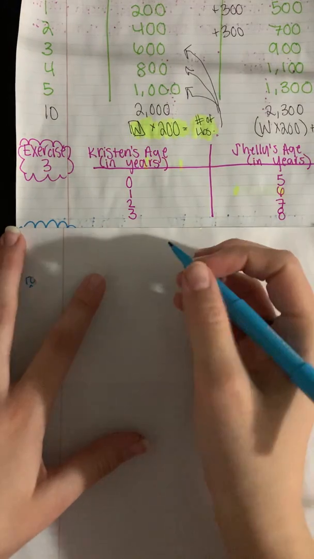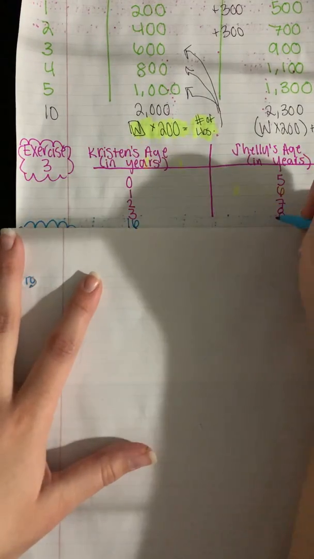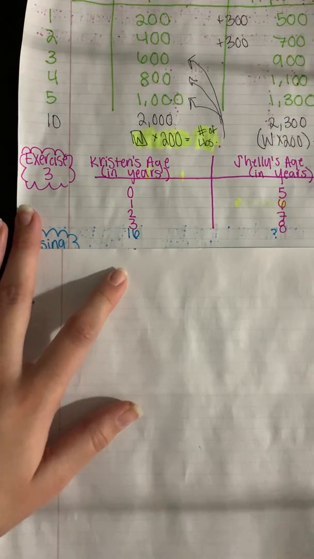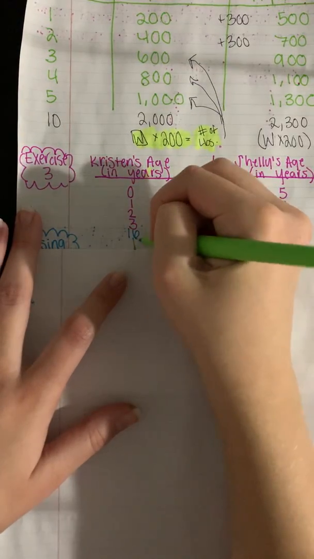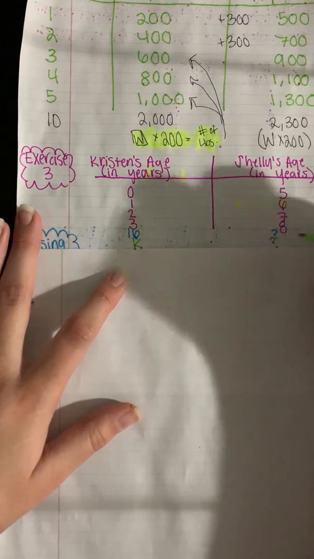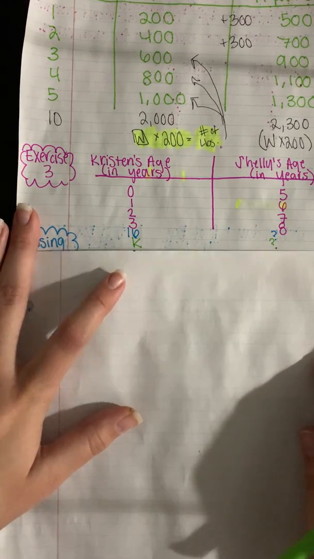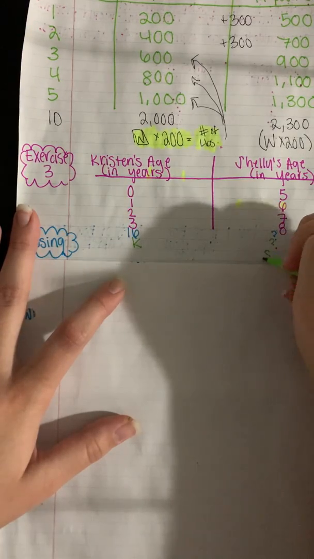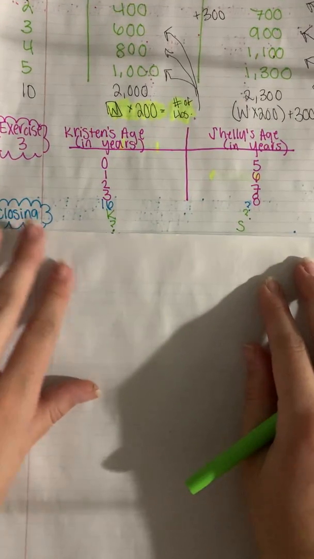So I want to know if Kristen is 16, how old is Shelly? I also want to know if Kristen is K years old, how old is Shelly? And I want to know if Shelly is S years old, how old is Kristen? So I'll leave those for you and your team to problem solve.